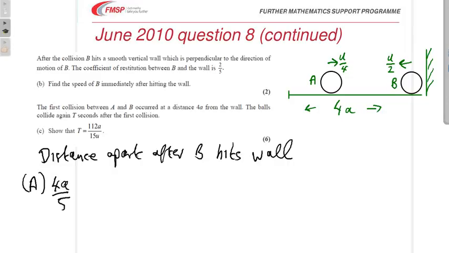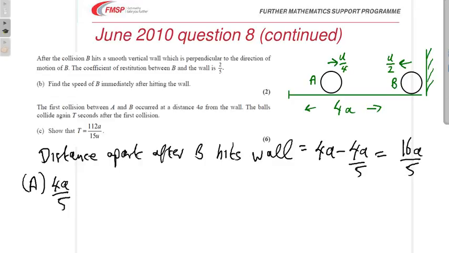We just worked out that on the previous page, and they were 4a from the wall. So the distance apart immediately after B hits the wall is 4a minus 4a over 5, which is 16a over 5.